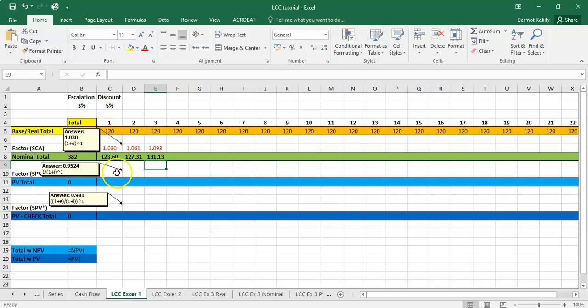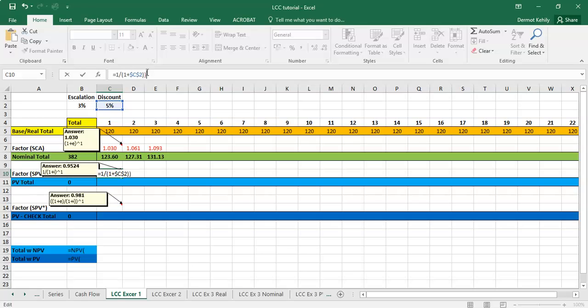So moving down, I'm going to calculate my single present value factor, and it is equals 1 divided by, open brackets, 1 plus, and this time it's 5%. Press F4, highlight C2, press F4, and then brackets.